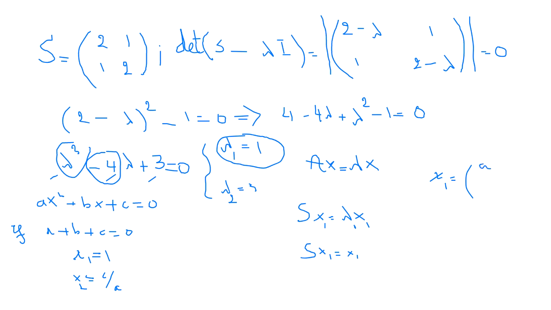I'm looking for the components a and b, such that when you multiply S by x1, you will have 2a plus b equal to a, and at the same time you should have a plus 2b equals b. If you work on the system, you probably end up with the following solution.